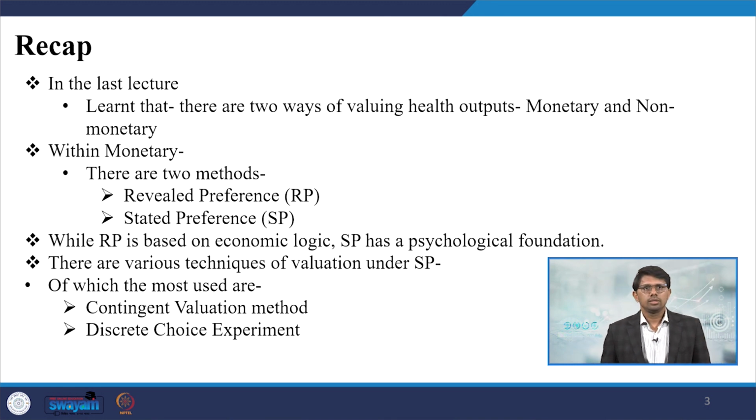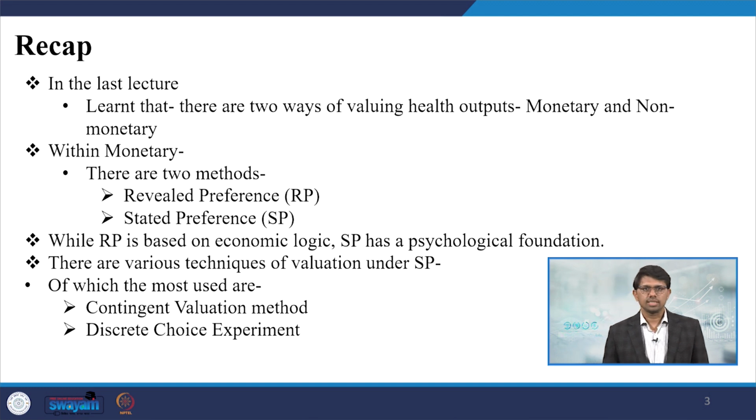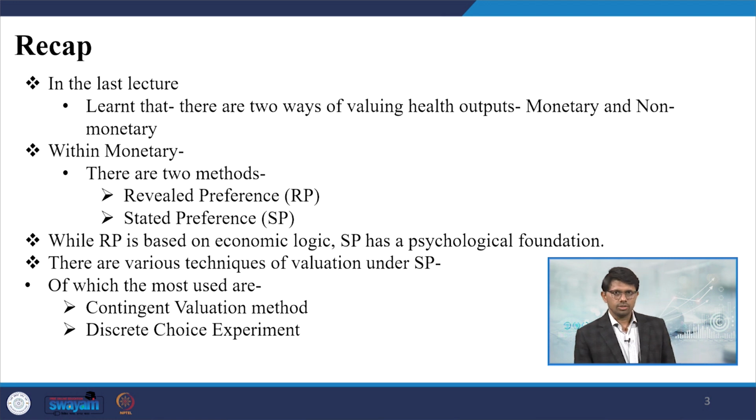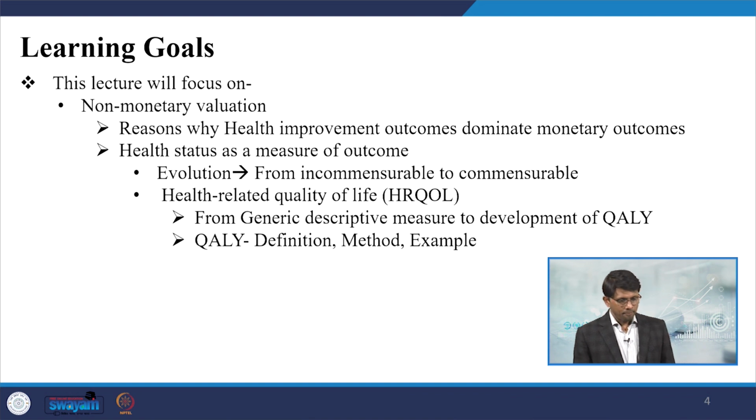While revealed preference is based on economic logic, stated preference has a psychological foundation. There are various valuation techniques under stated preference, of which the most used are the contingent valuation method and the discrete choice experiment.